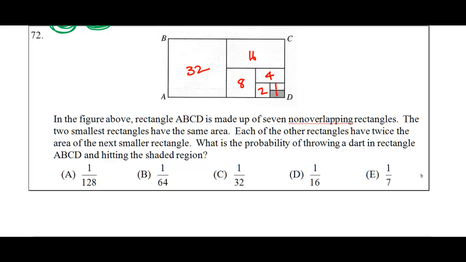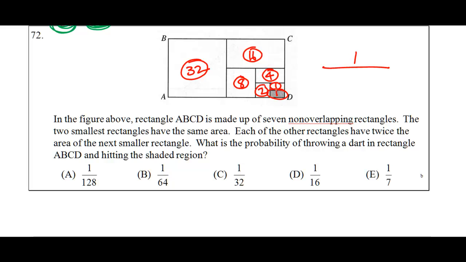So then we can call the shaded area 1 something, and then each one succeeding that is double the previous one. So, how big is the successful area? 1, right?